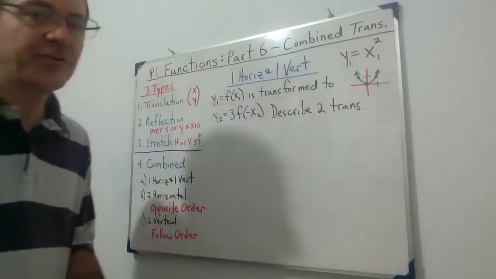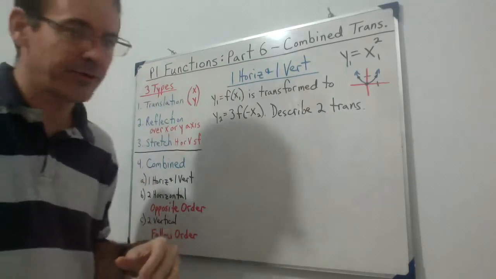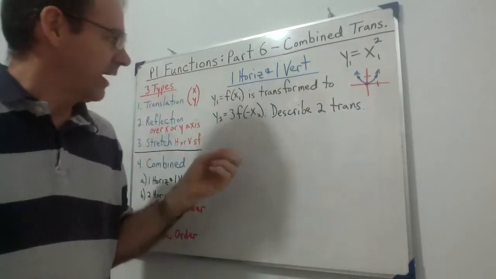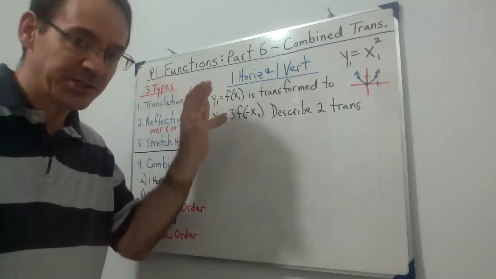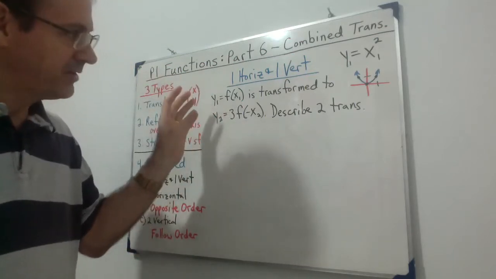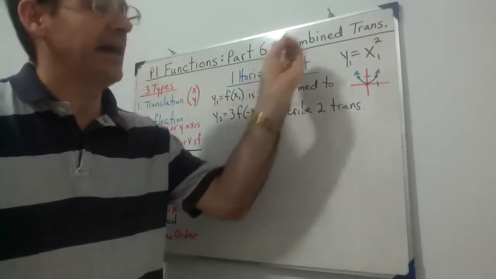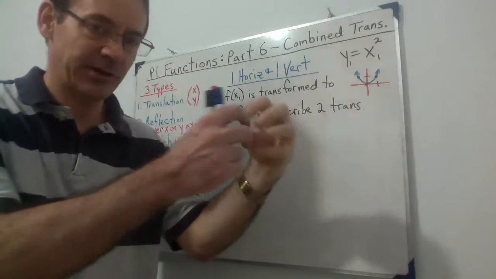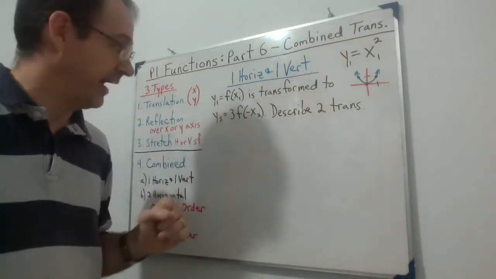Okay, here's our first example. Our first example is going to be one horizontal and one vertical. And notice in this case, we are starting with the functions, and the function isn't actually given to us as like a parent function or an actual equation. It's just given to us as an f of x.